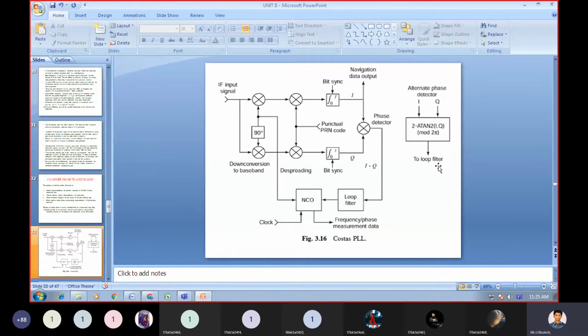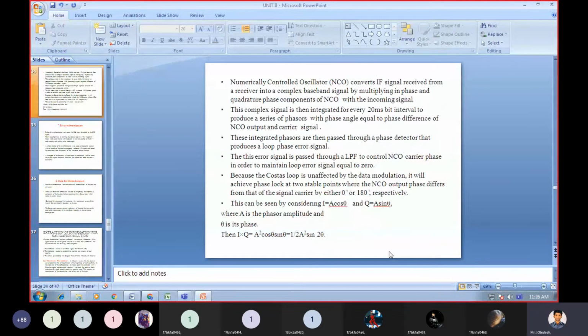This functions like a Costas loop. This is the basic block diagram of a Costas loop. You know the function of a Costas or phase lock loop; we already studied it. You need to see the basic function of this in the coming slide.